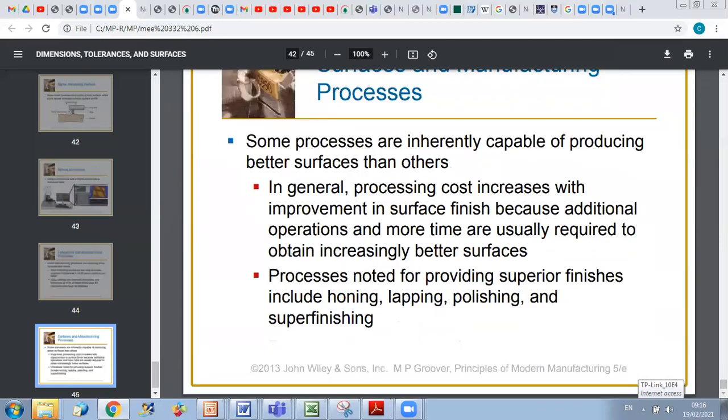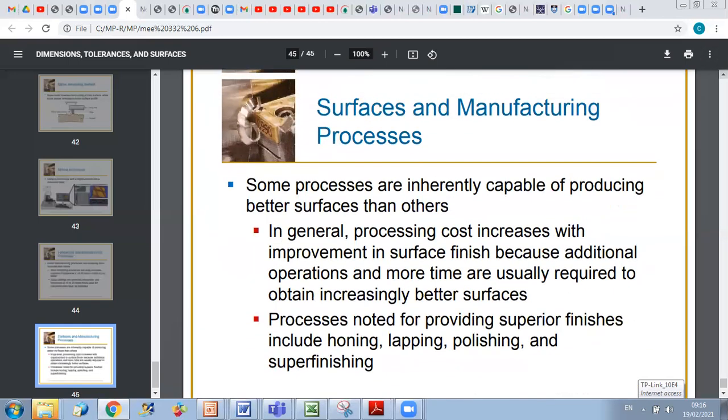Now, finally, for surface and manufacturing processes, we have seen that not all processes will produce the same accuracy. In general, processing cost will increase with the improvement in surface finish because additional operations and more time will be required to obtain increasingly better surfaces. Also, we have processes that will enhance the finishing of our object.